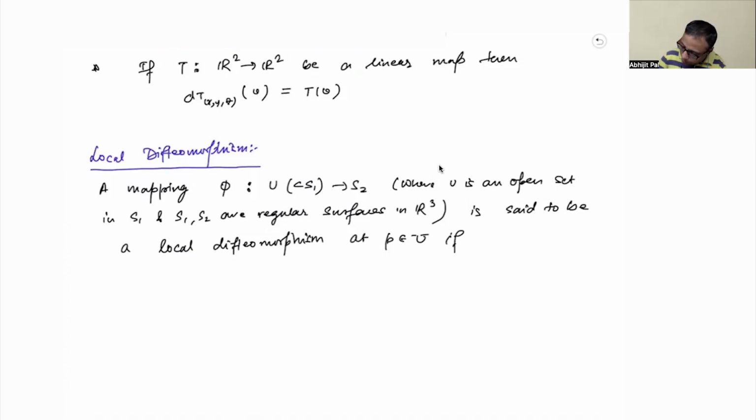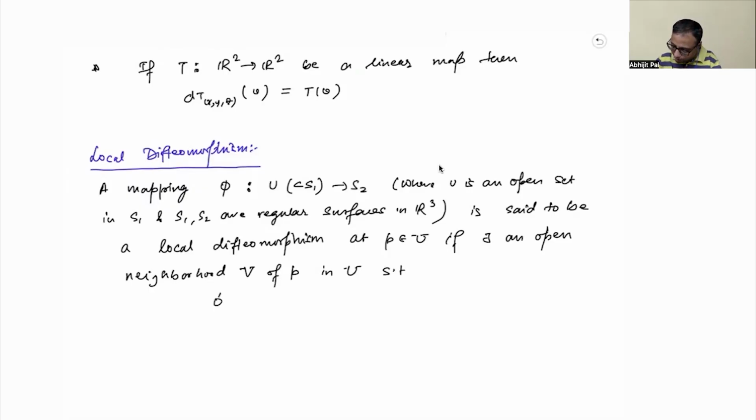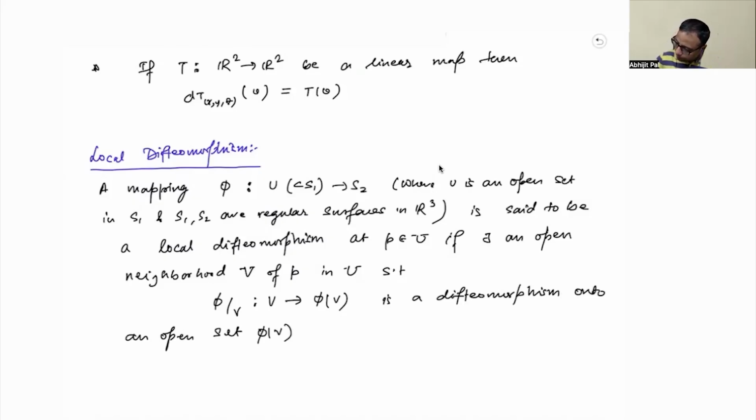So if there exists an open neighborhood B of P in U such that this phi restricted to B, it is a map from B to phi B, is a diffeomorphism onto an open set phi B of S2.